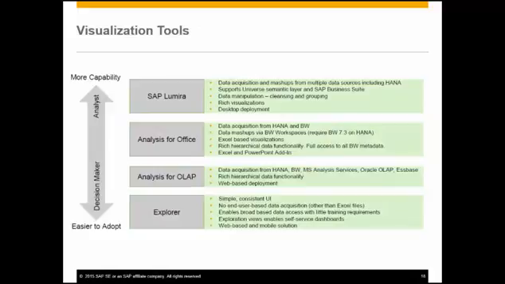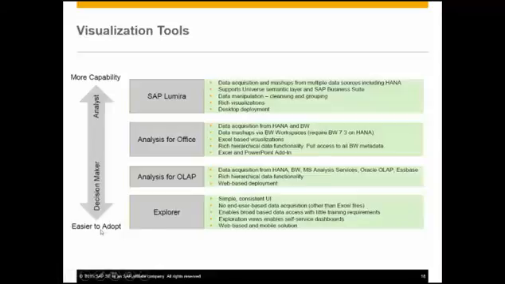So Lumira is the main visualization tool. Okay, but there are also other tools available, such as Analysis for Office, which I already talked about and we'll look at in more detail later on, and also a similar product, Analysis for OLAP, and then Explorer. Okay, Explorer is the most basic tool.